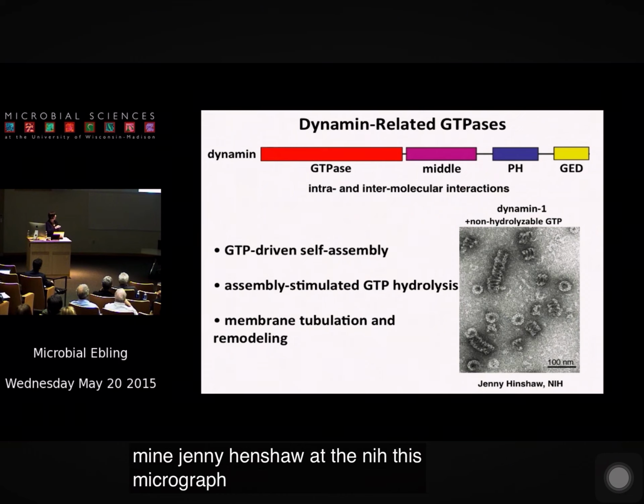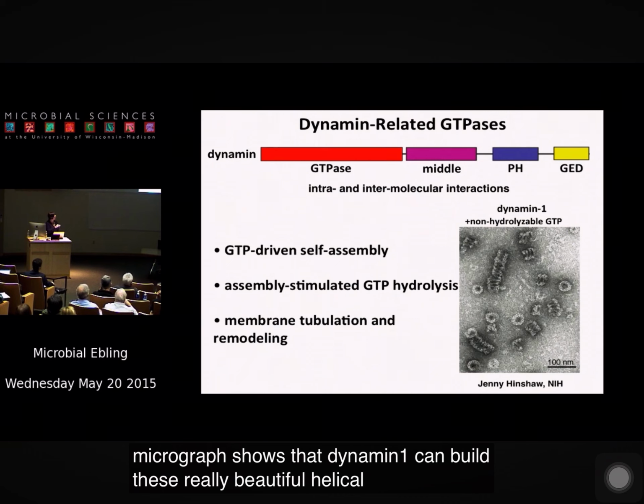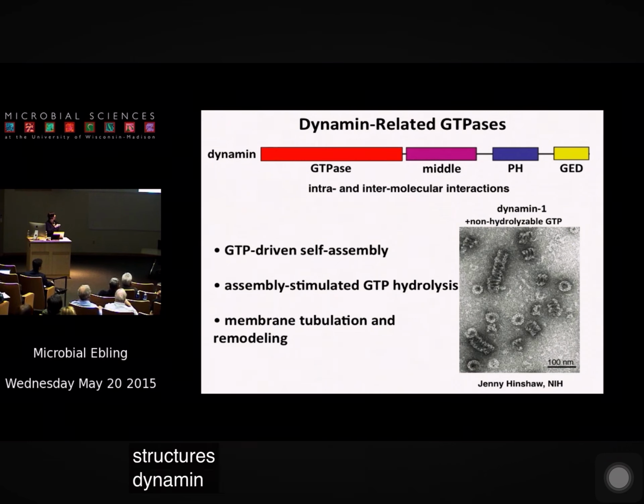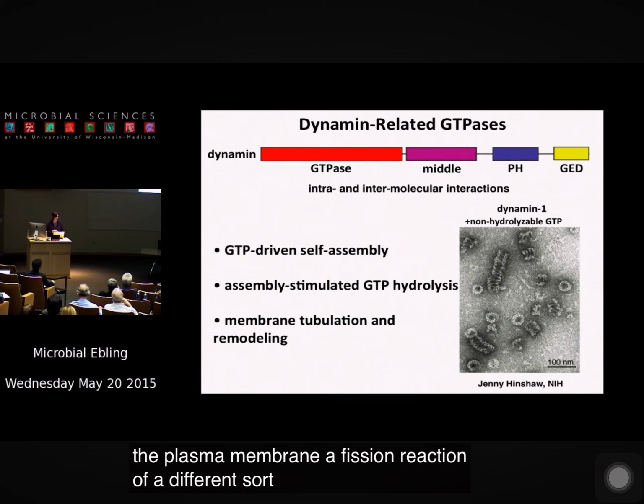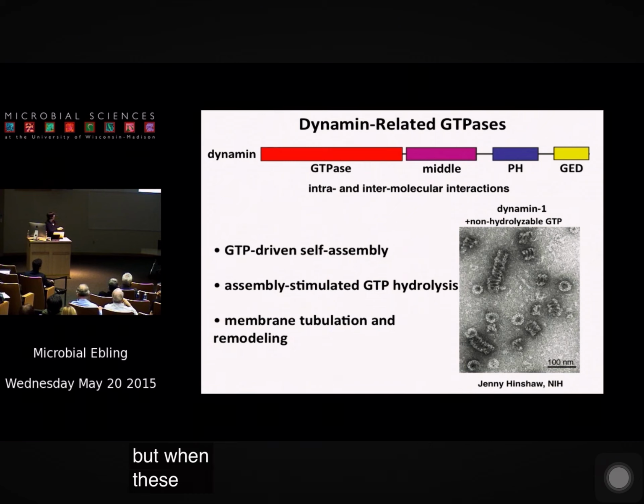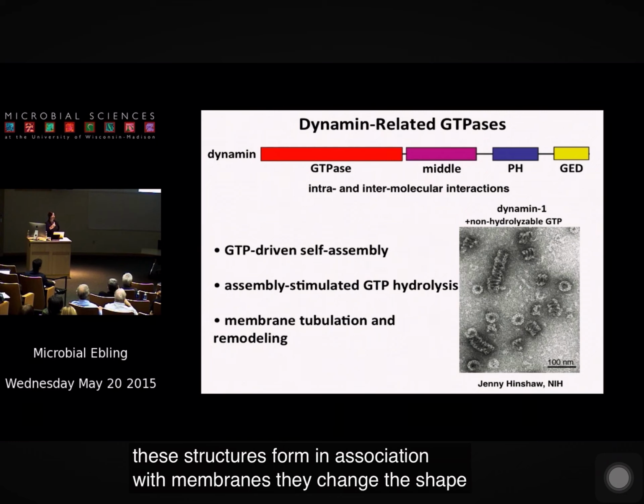This micrograph shows that dynamin-1 can build these really beautiful helical structures. Dynamin-1 is involved in endocytosis, in the scission of clathrin-coated pits from the plasma membrane, a fission reaction of a different sort. But when these structures form in association with membranes, they change the shape of membranes.